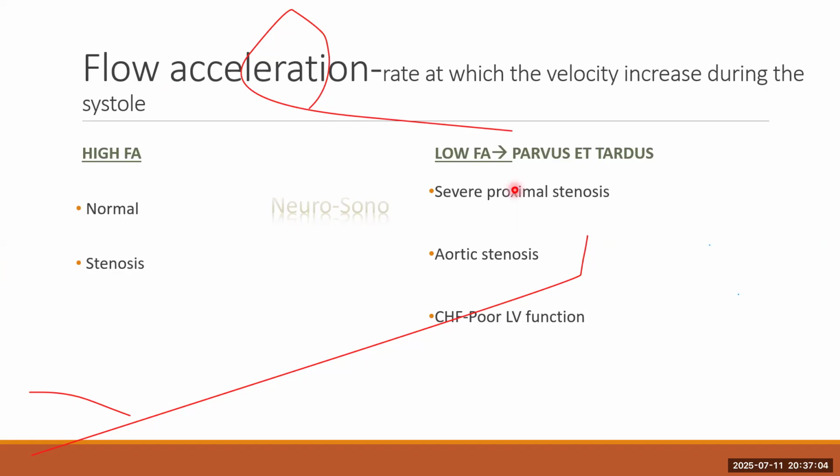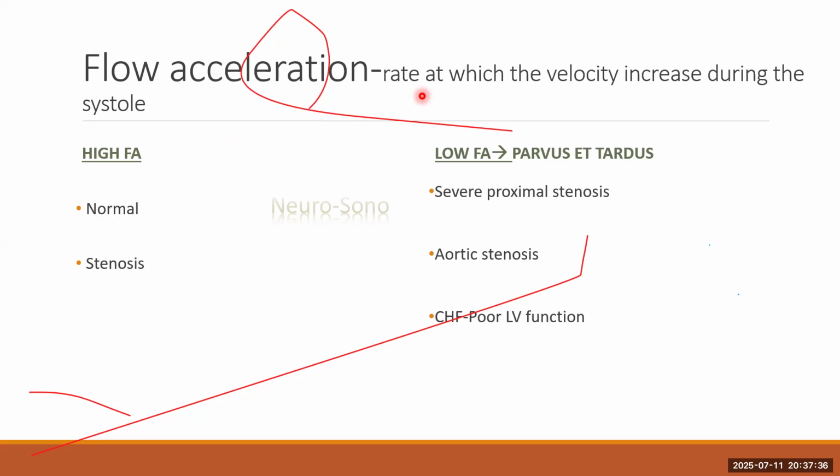Whereas low flow acceleration states of TCDs, or the waveform we call parvus et tardus, which we would have read about in our clinics, are slow rising and late peaking waveforms. That is what is seen in severe proximal stenosis. It is seen in aortic stenosis and also in poor cardiac function, which leads to this parvus et tardus pattern.